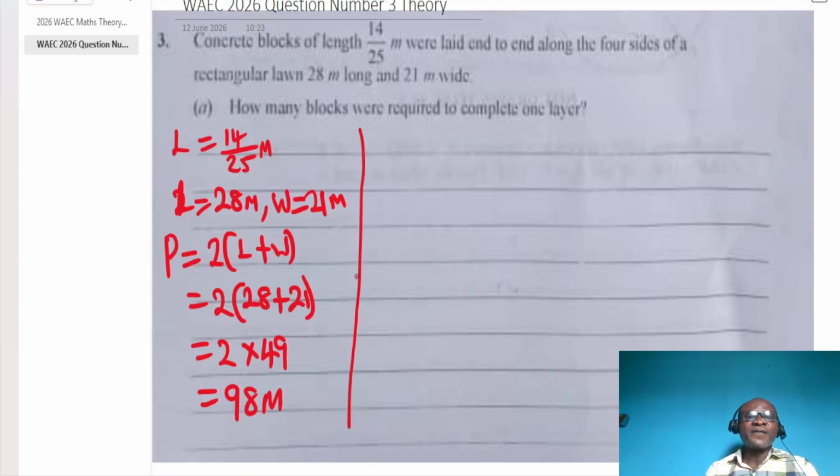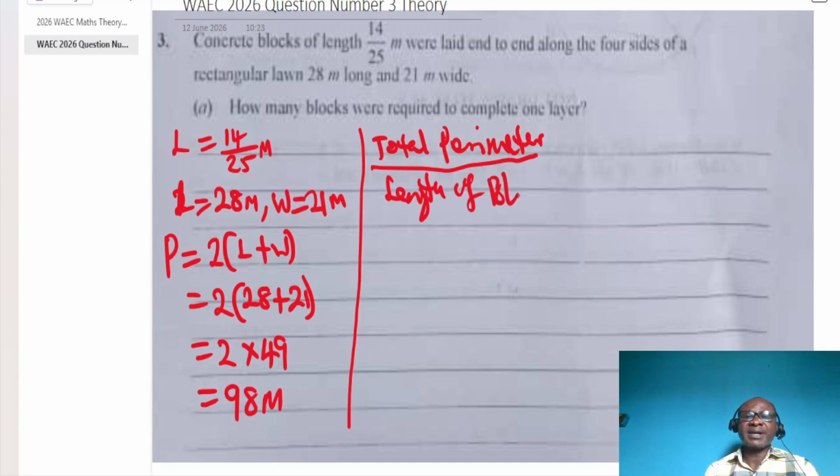Therefore, to find the exact number of blocks required to complete one layer, what we now do is take the total perimeter of the lawn, then divide by the length of a block.